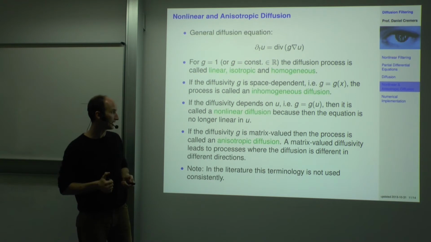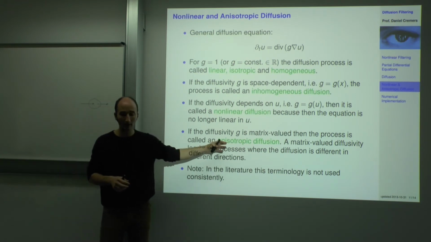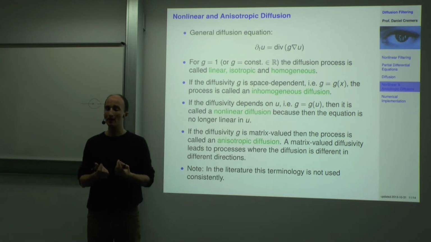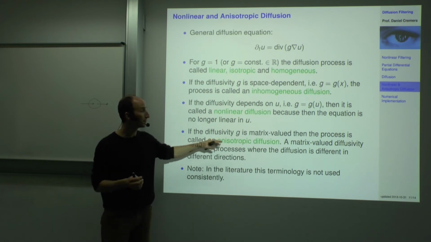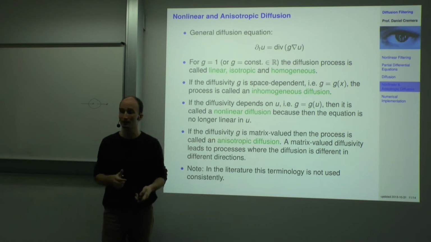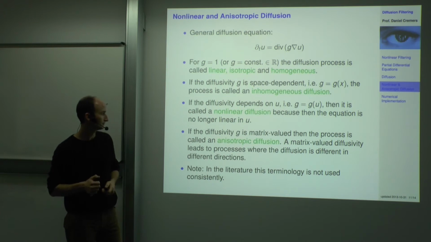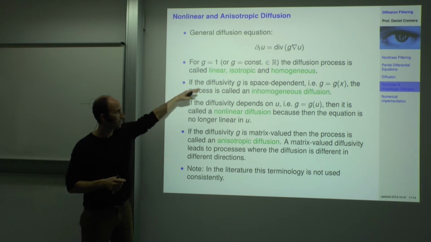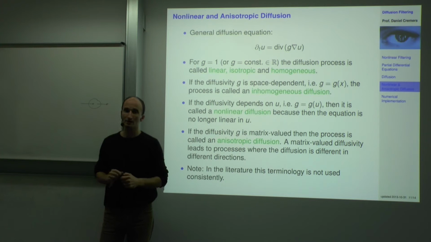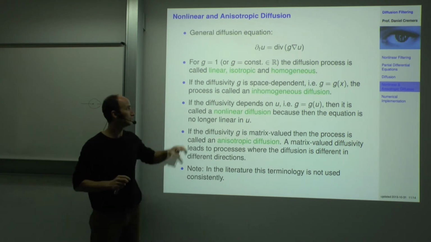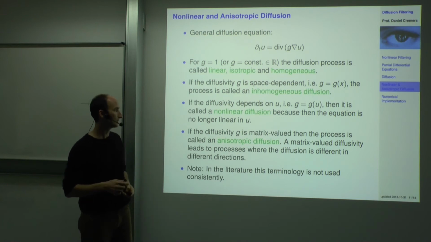And this is called anisotropic diffusion. And indeed, there are many physical materials that are anisotropic in the sense that they propagate some substance differently in different directions. One thing I should mention at this point, now that I've clarified the terminology, in the literature this terminology is not used consistently. But really this is the standard terminology.